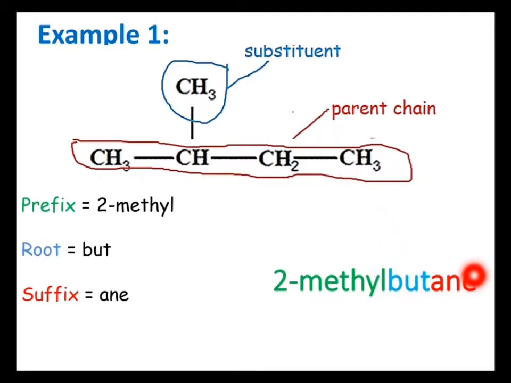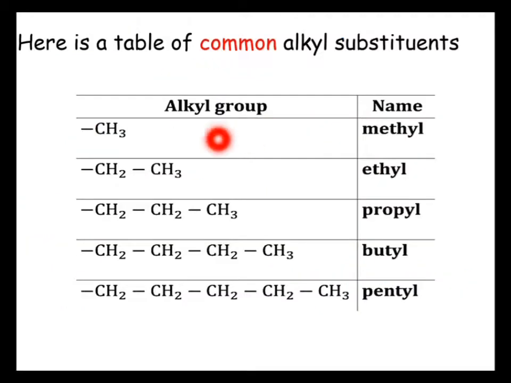Butane. So when you get this done, then you move on to the substituent to know the prefix you have to use. As I said, the prefix tells us about the substituent. So here you can see that our substituent is CH3, and we know from this table that the name for CH3 is methyl.